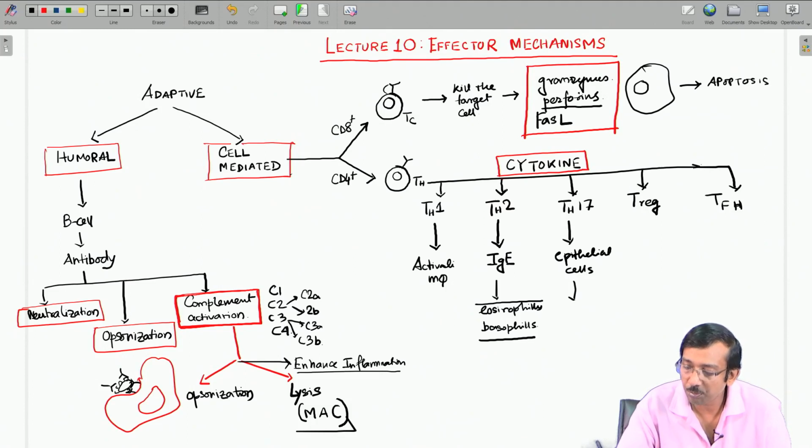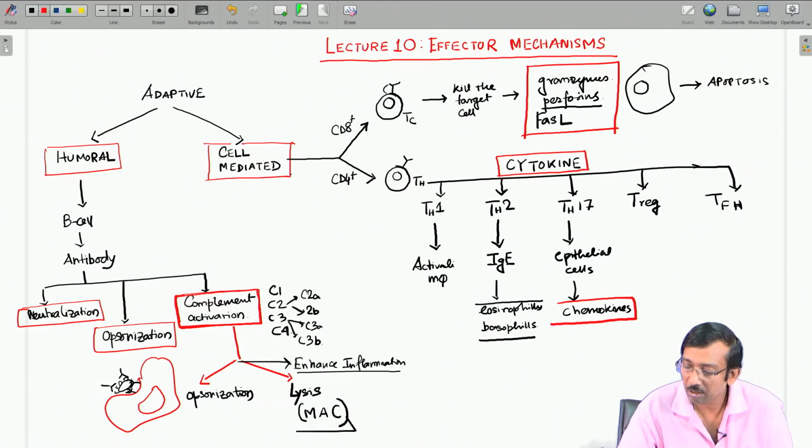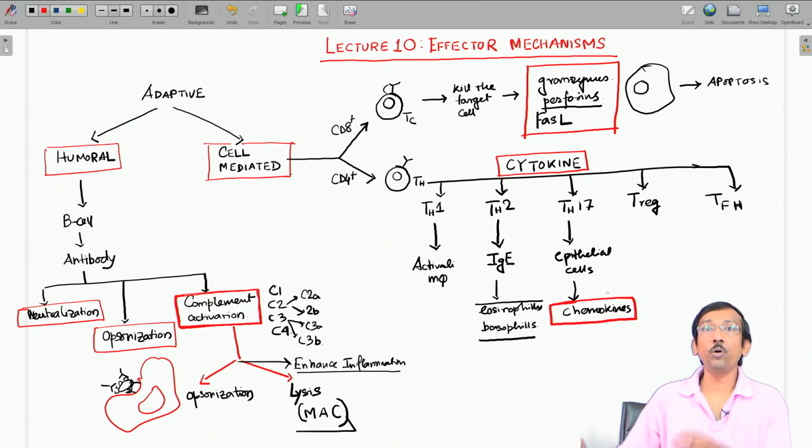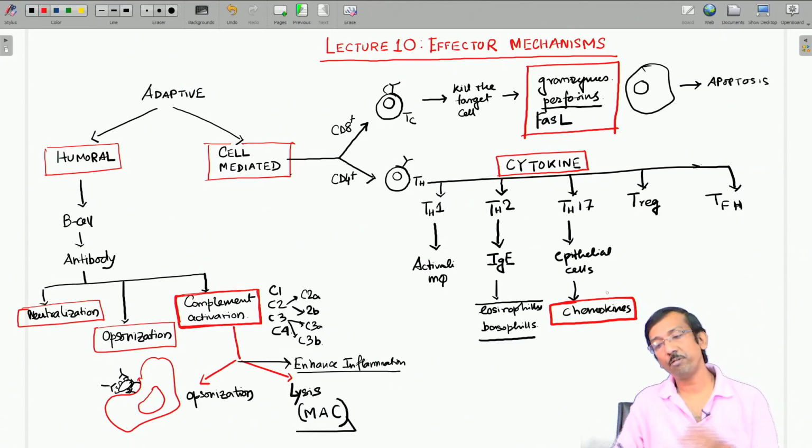Chemokines are also produced by many other cell types as well, and chemokines are basically the chemoattractants. I have told earlier what the chemokines are. We have come across the chemokines particularly in the inflammatory response.